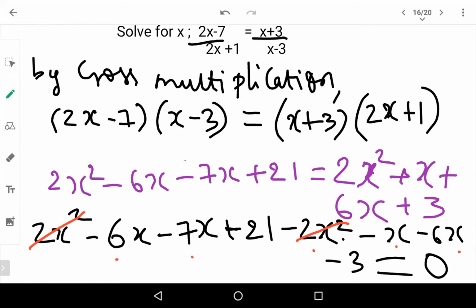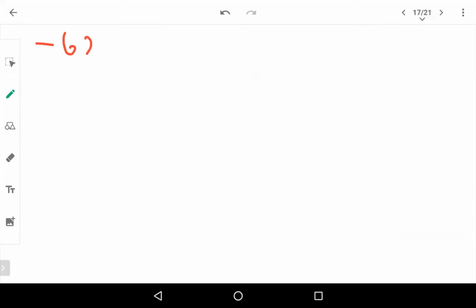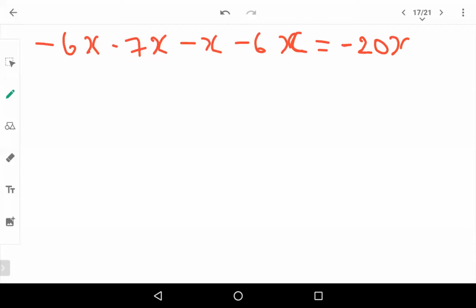You have minus 6x, minus 7x, again minus x, and minus 6x. Now, can you add everything? Since all of the signs are minus, I am supposed to add all the numbers, but my sign will remain as minus. Correct? That is the rule. Yes, very good. You will get minus 20x. So this is what I get when I add all of them.